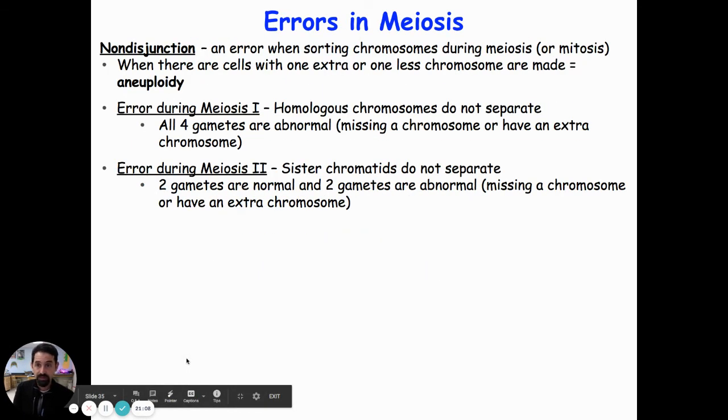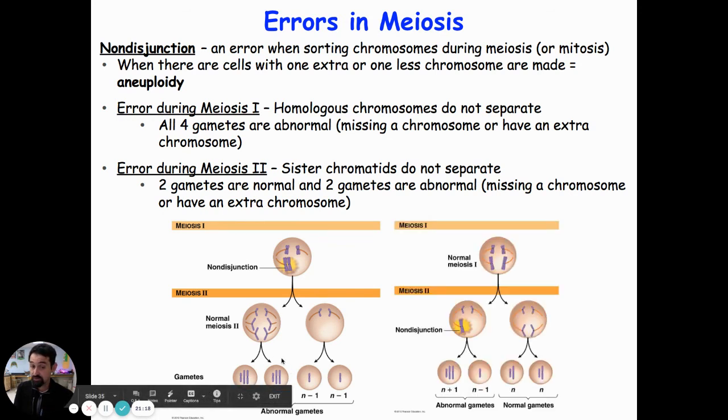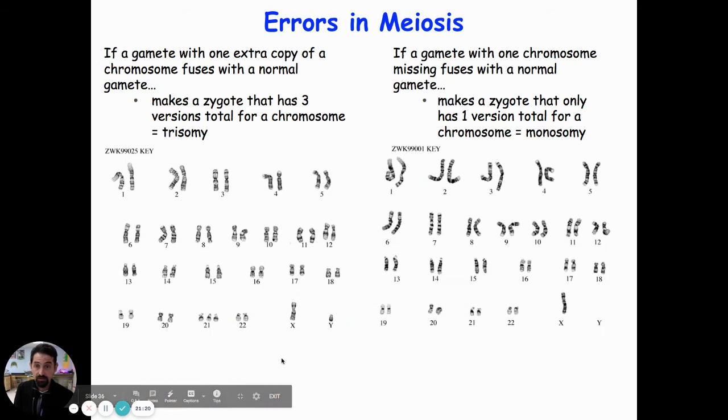Okay, there can be errors. Primarily, there's something called non-disjunction. It's when they don't sort correctly, and then you'll end up with an odd number of chromosomes in your gametes. If a gamete with one extra copy fuses with a normal gamete, you could end up with trisomy 21. I believe that would be Down syndrome.